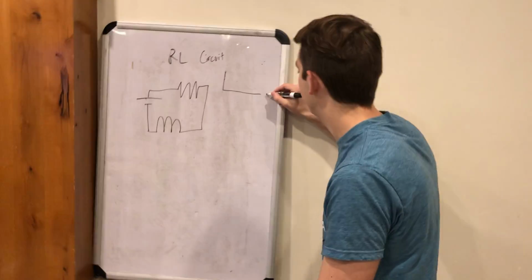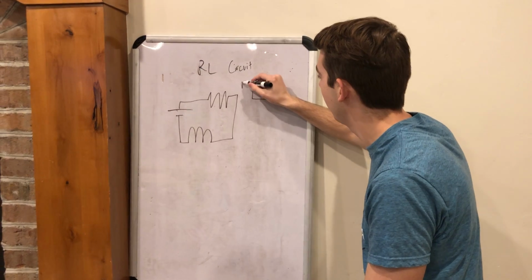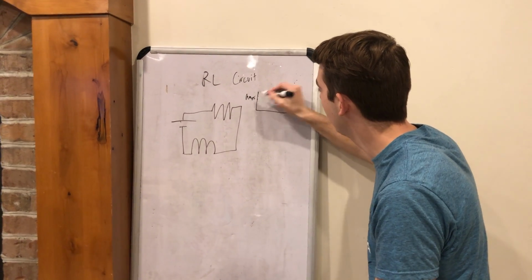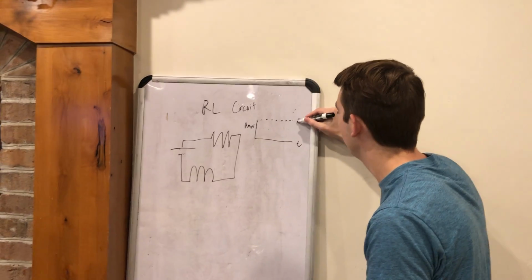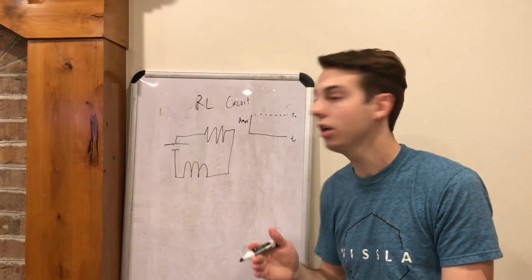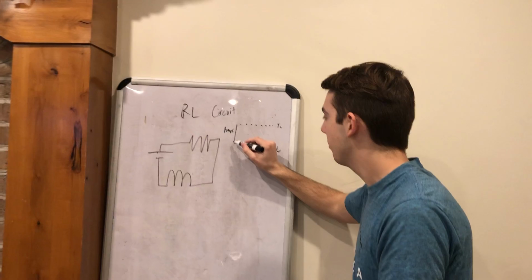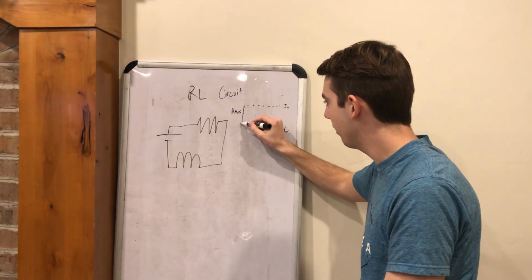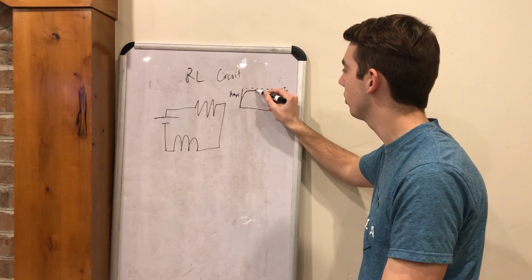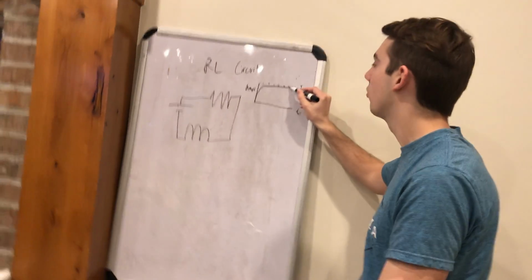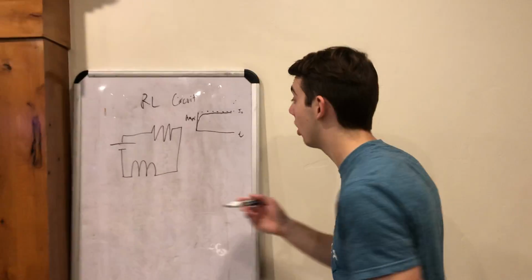I have time on the x-axis and amps on the y. This dotted line up top is what our current should be, I naught. What actually happens is at the very beginning, amps rises really fast, but then it starts to level off, like a logarithmic function.